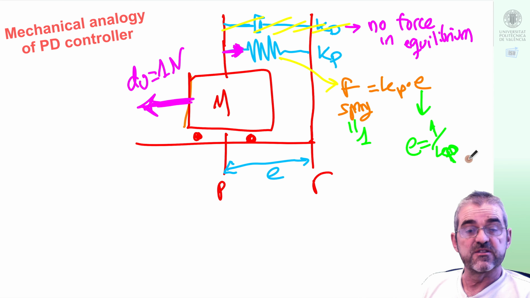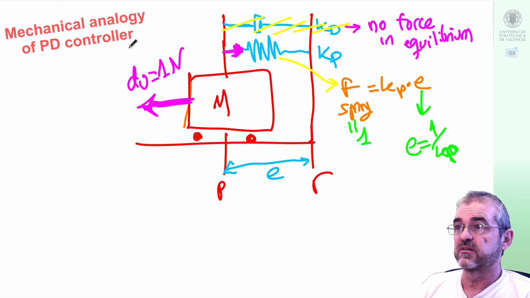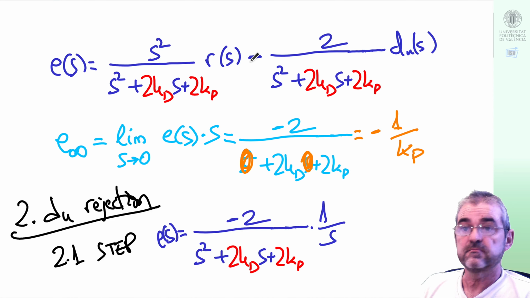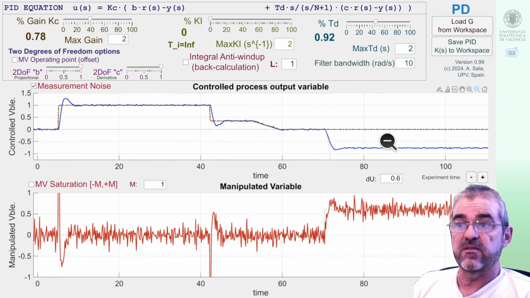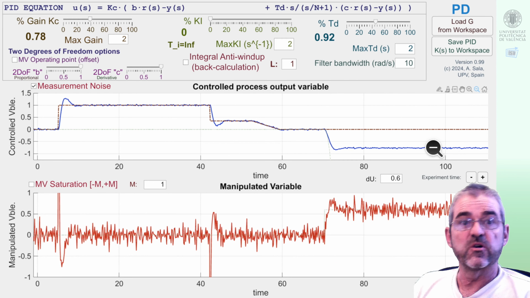From this spring analogy of my proportional controller, this is exactly what we obtained, being the theoretical explanation of this drift when wind appears in my drone, or when my robot is on a slope or loaded with extra weight or whatever, with PD control.